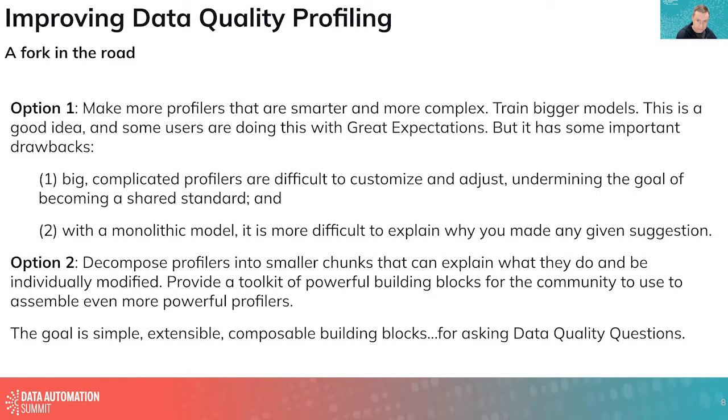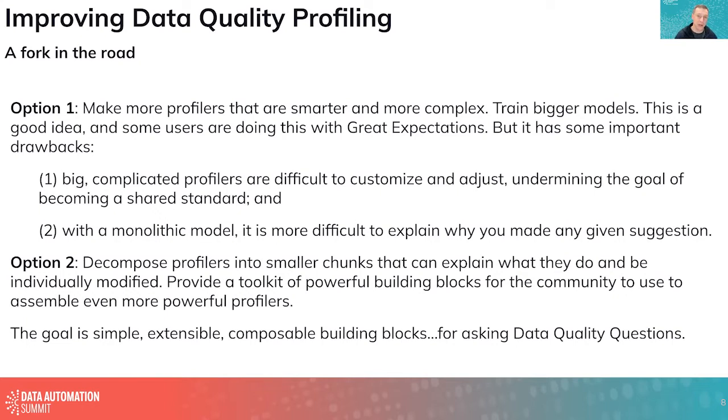Firstly, when you keep adding rules on top of each other in a single monolithic profiler, or a black box approach to bootstrapping a data quality system, you end up with something that's very difficult to customize and adjust.